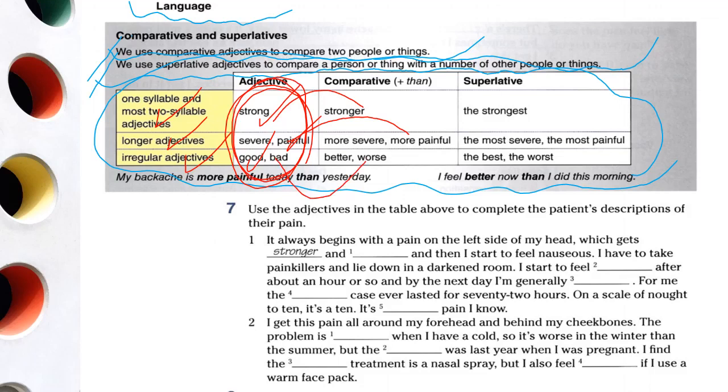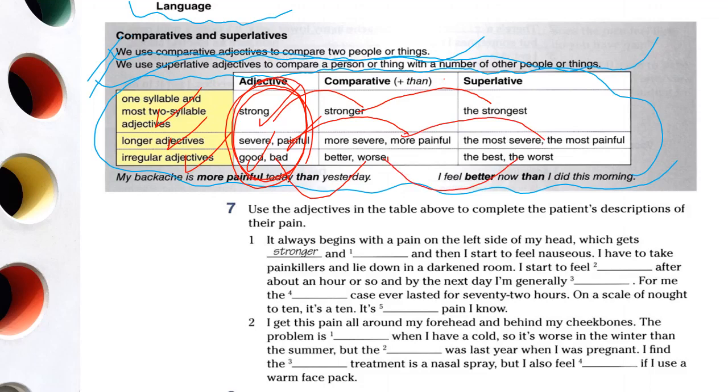Okay, so every kind of adjective has a different rule in order to put it in the comparative degree. Okay, for the superlative degree, strong is going to be strongest, the strongest. Don't forget that. For severe and painful, it's going to be the most severe and the most painful. For good and bad, it's going to be the best or the worst.